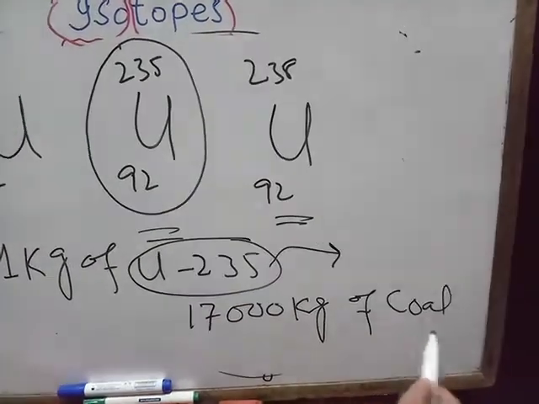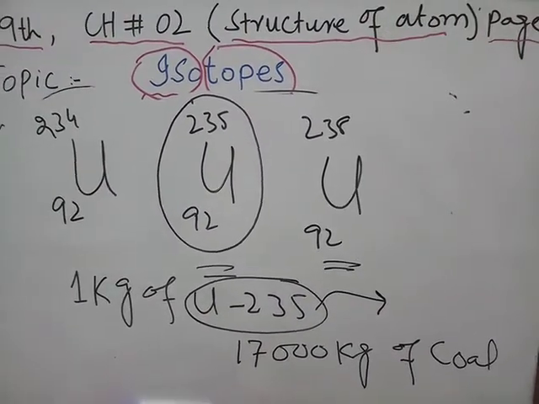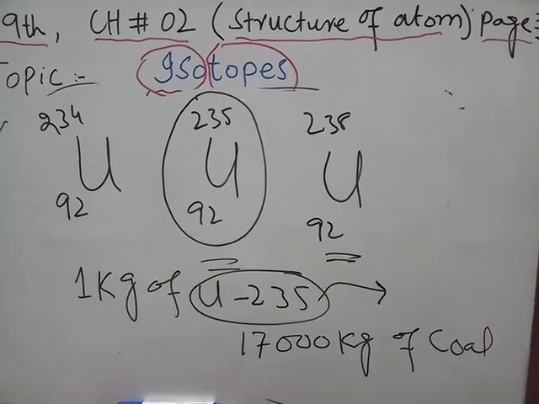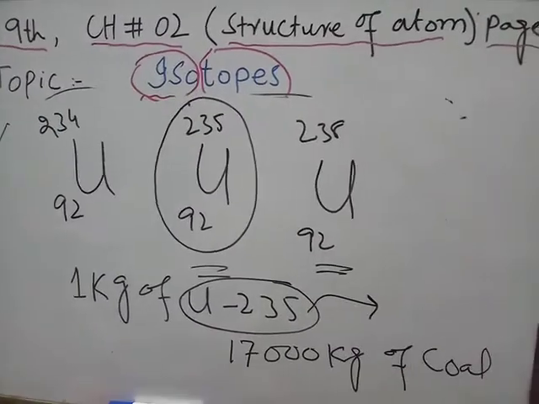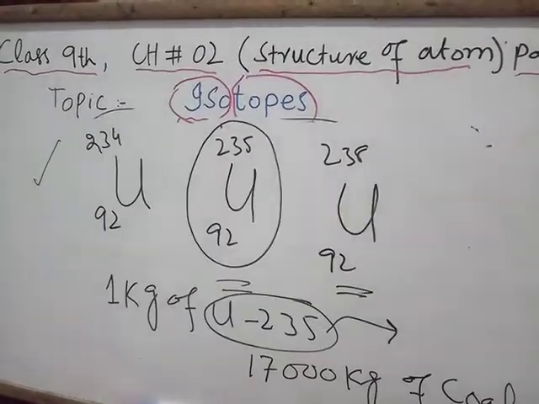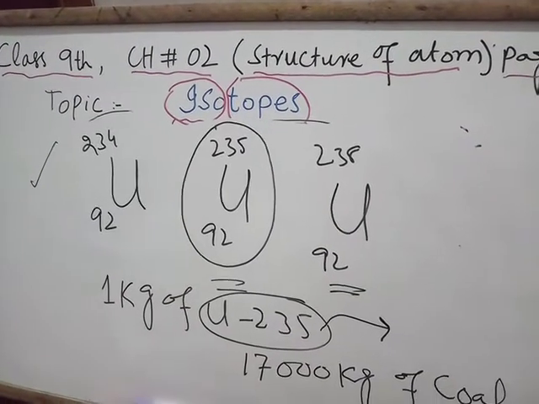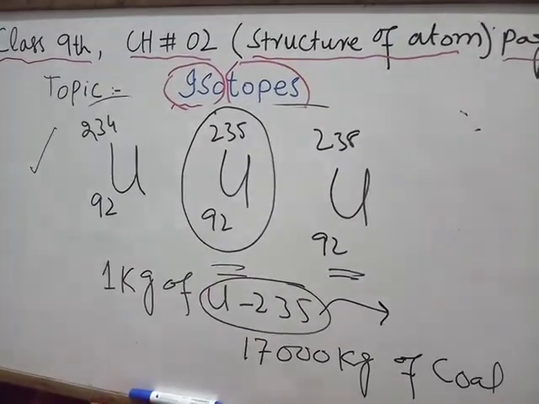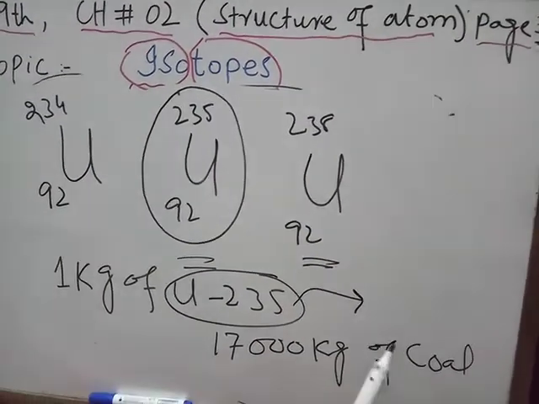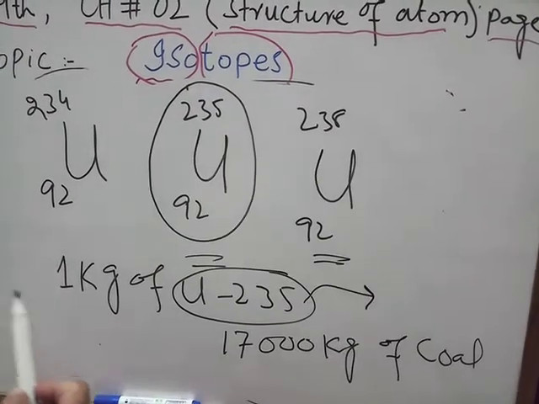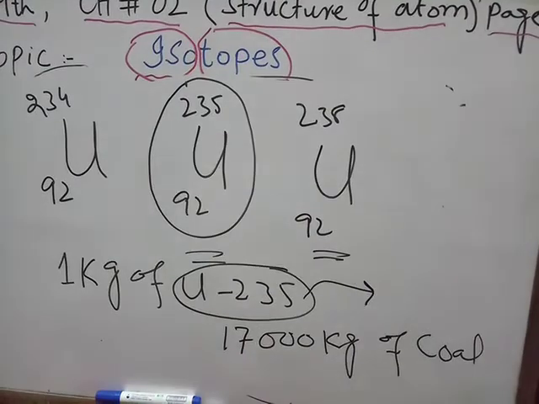I think this is enough quantity to burn all of GK college. If you take such an amount of coal, it will be enough for GK college to catch fire. So it's a huge amount, 17,000 kilograms of coal. The heat produced by 17,000 kilograms of coal is equal to the heat produced by 1 kilogram of uranium 235.